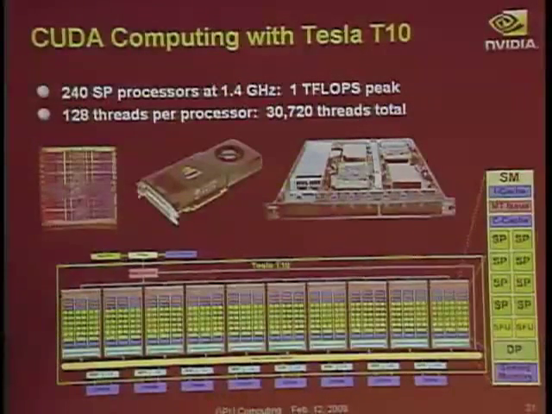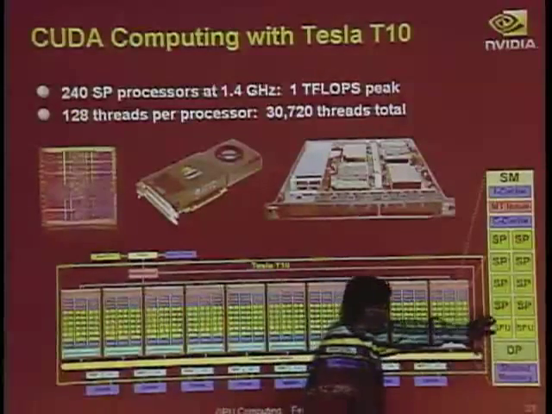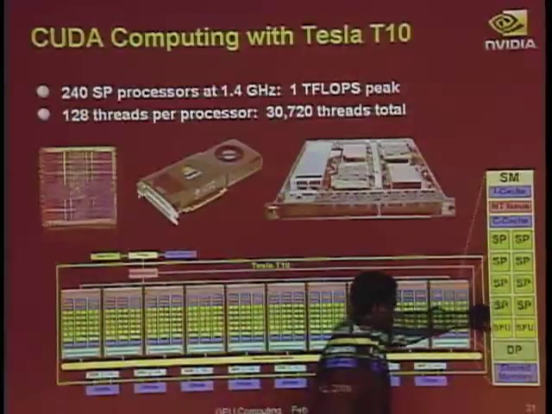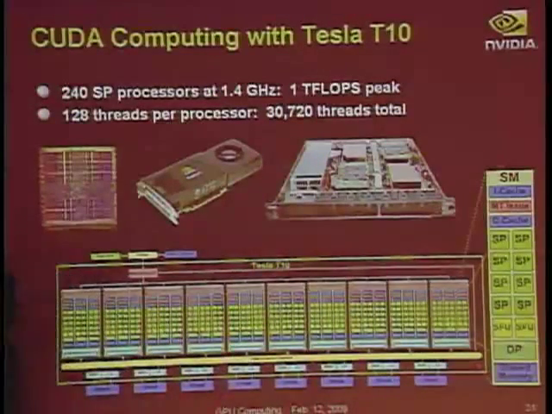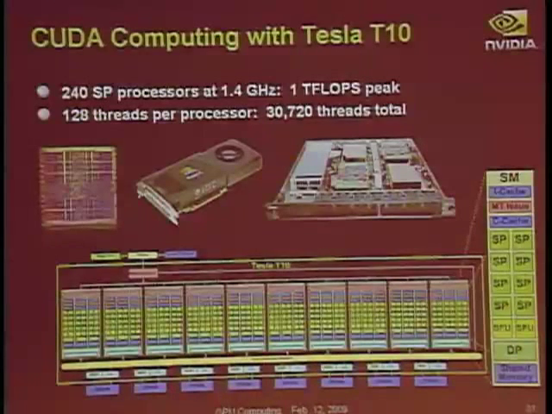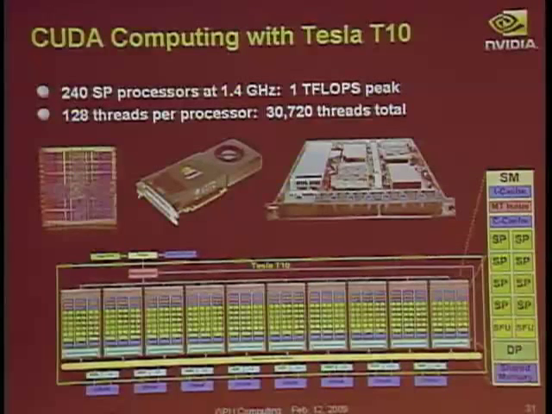Each processor is part of a multiprocessor, and the multiprocessor we call a streaming multiprocessor. I don't know how much detail you guys want to go into on this. What's inside an SP? Or inside of an SM? I think they know the pieces. Okay. But talk about them all in sequence, and I think we'd like to hear how you built what's inside an SP. Okay.